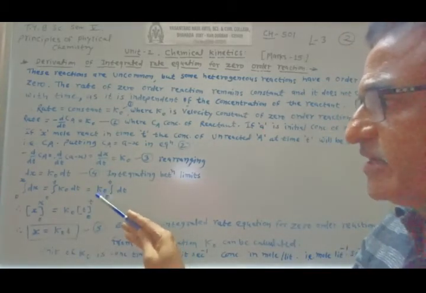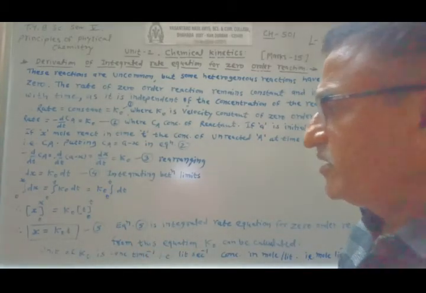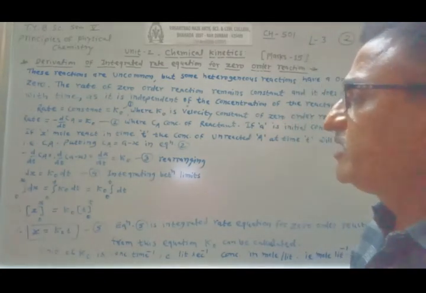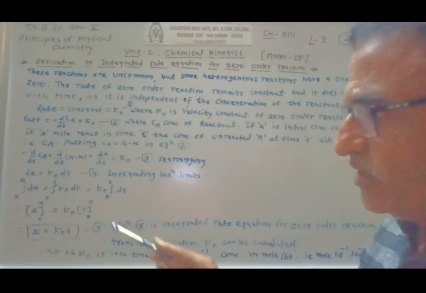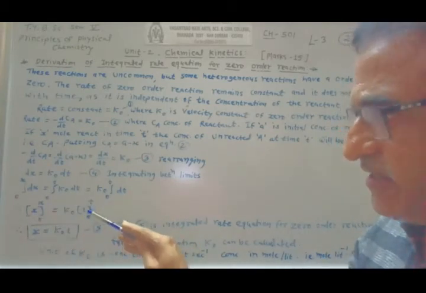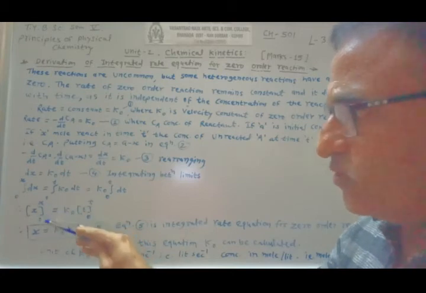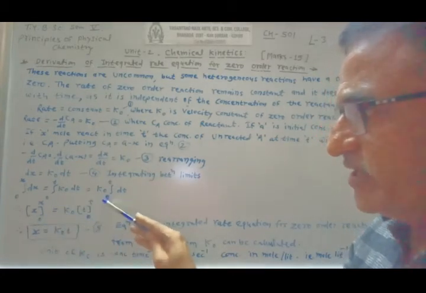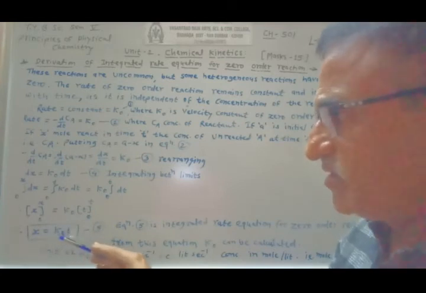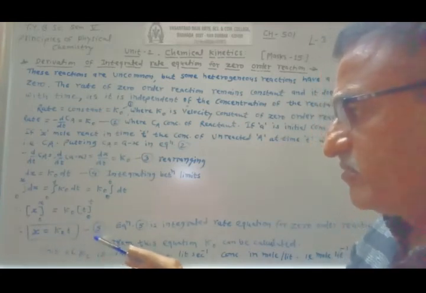Now the integral of dx is x and the integral of dt is t. Applying limits, we get x is equal to K0 t, call it equation number 5.